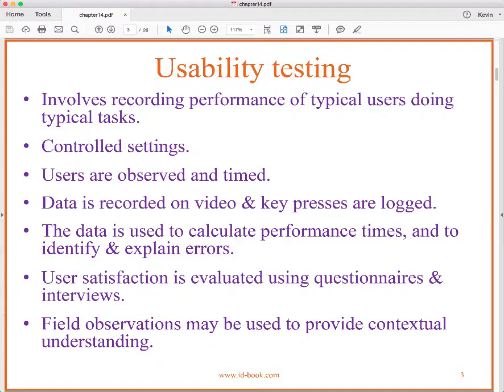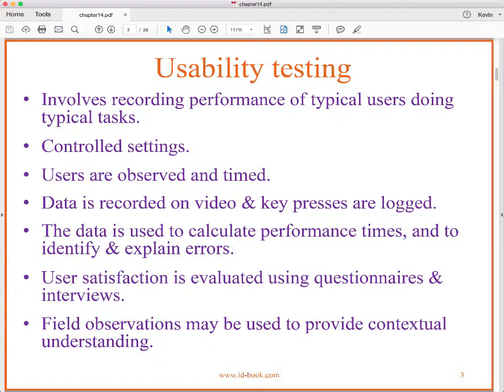Usability testing involves recording the performance of typical users doing typical tasks. Typically, we want to do that in a controlled setting. In that controlled setting, the users are observed and timed. Data is recorded on video, and key presses are logged.